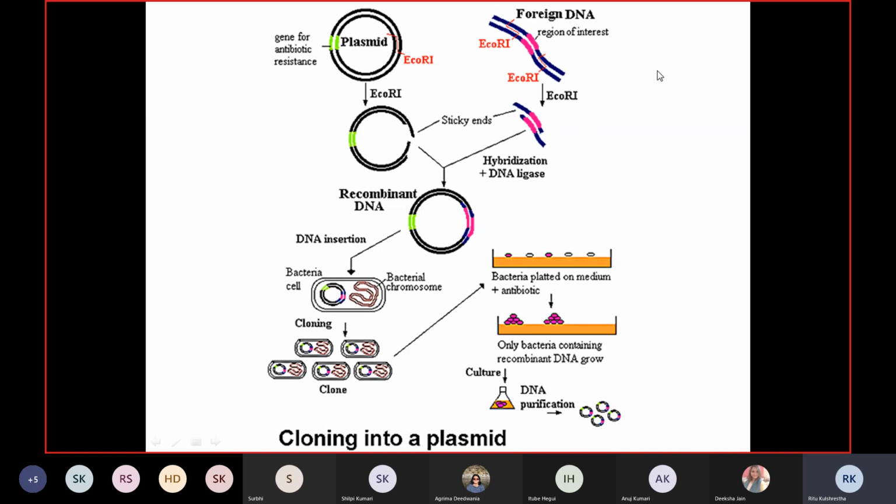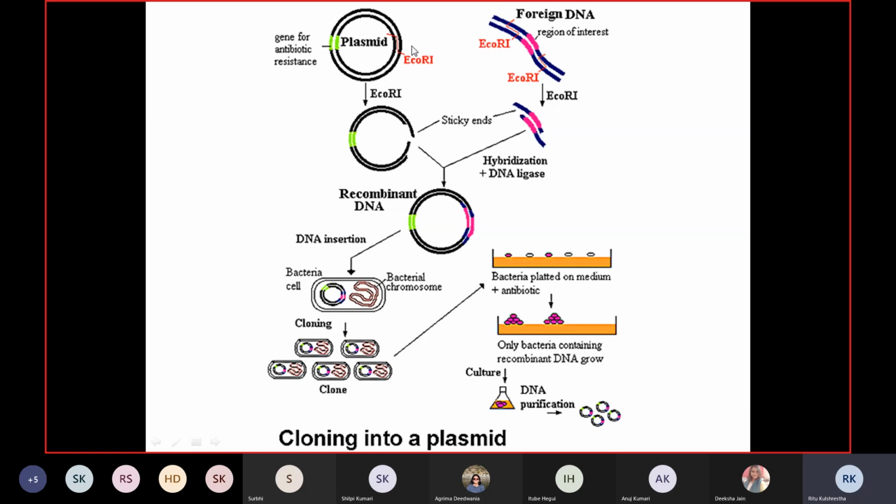But the idea is that if you incubate DNA with bacteria, you have to find a way by which this DNA very efficiently gets into bacteria, and not only gets into bacteria but also makes more copies of itself. Just a fragment of DNA going into bacteria will not help. You will actually require a vector.